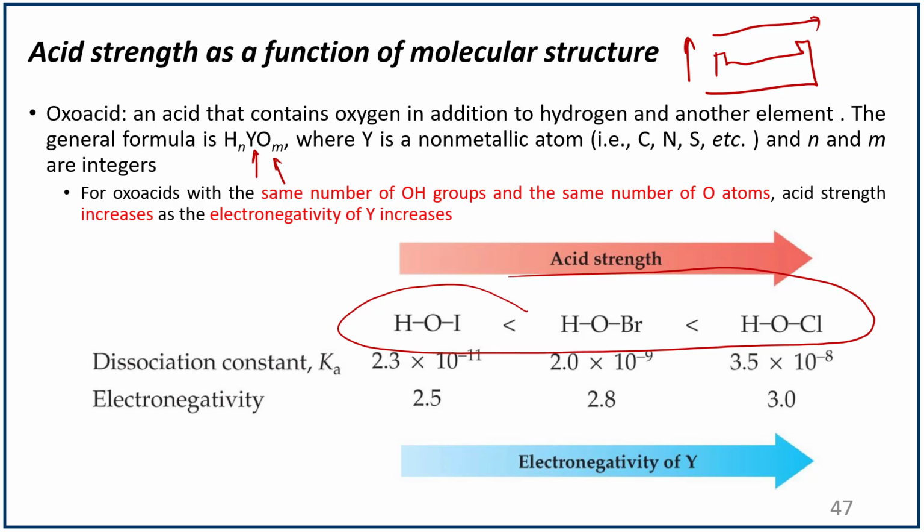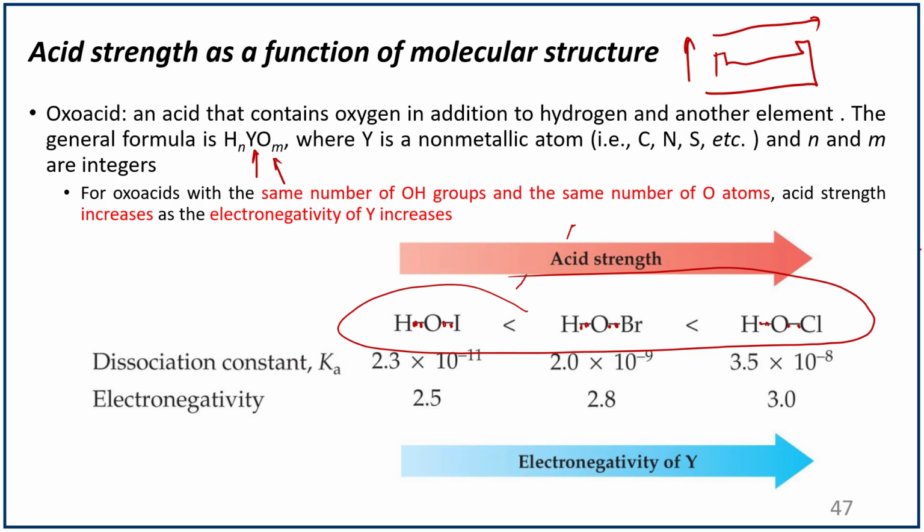So basically, if you have a more electronegative group, then its ability to pull electrons is higher, and therefore those shared electrons are pulled much more towards the electronegative element.